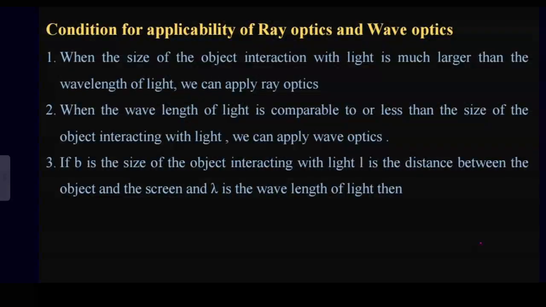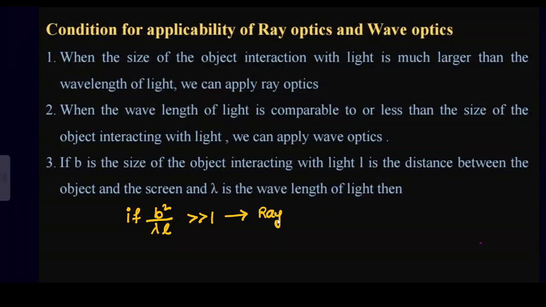So these are the conditions for when to apply ray optics and when to apply wave optics. The condition to apply ray optics is that if b square by lambda L is very much greater than 1, then we apply ray optics.